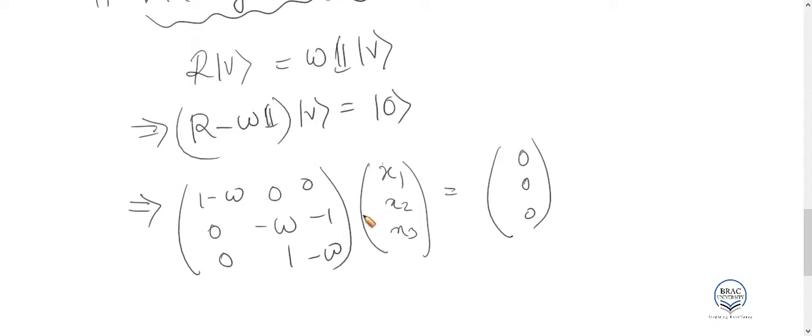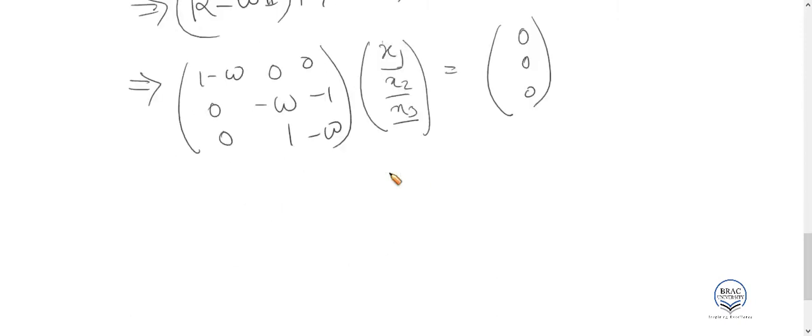As I was saying, the essential idea behind finding these eigenvectors is to solve these equations, that is, solving for x1, x2 and x3. And for each eigenvalue, we expect to find an eigenvector, because you see there are three values of omega, so there should be three cases for this equation. Let's call this equation 1.